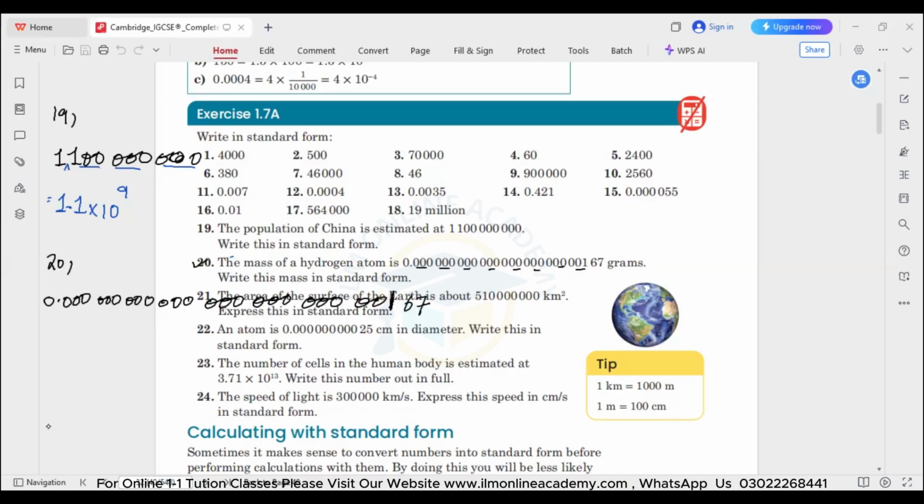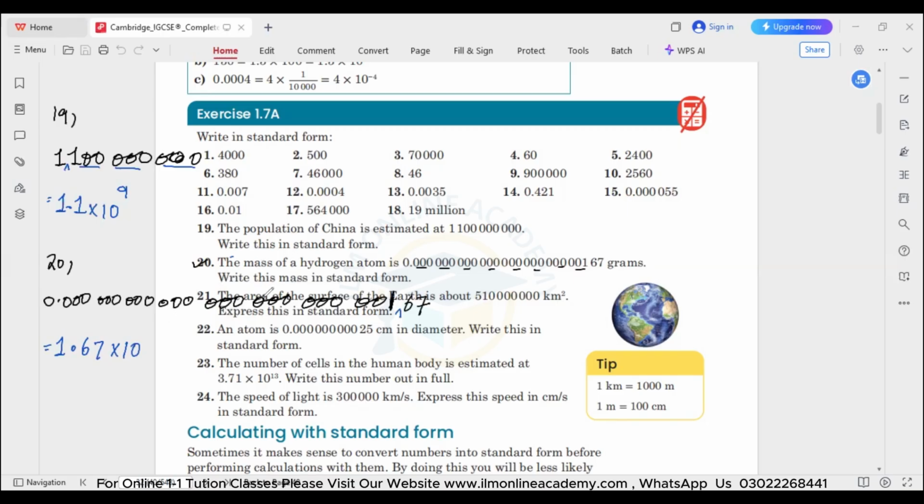To represent this number in standard form, we apply the decimal point after the first significant number, which is this 1. So we write it as 1.67, and as this is a very small number starting with 0.00 something, we will have a negative power.